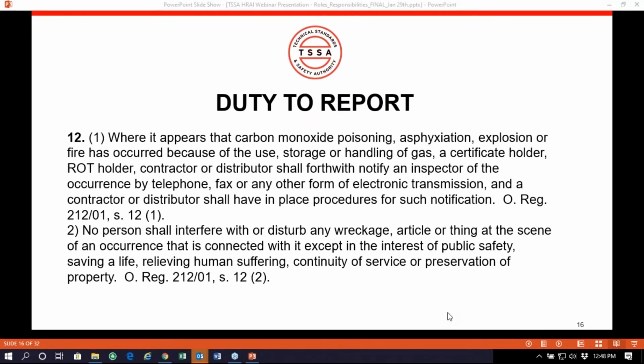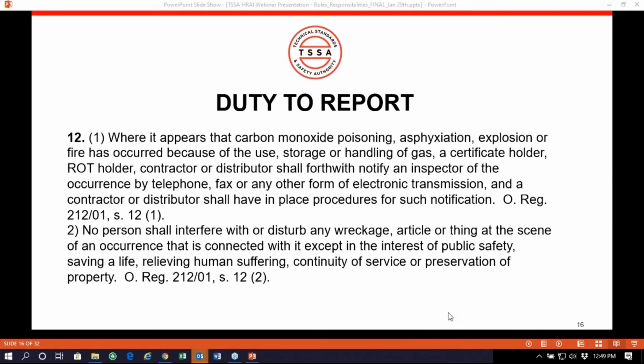A certificate holder, ROT, contractor, or distributor shall forthwith notify an inspector of the occurrence by telephone, fax, or any other electronic form of transmission, and the contractor and the distributor shall have procedures in place for such notification. In terms of notifying an inspector, that really just means you're notifying TSSA, and I'll show you how easily we can do that in a minute.